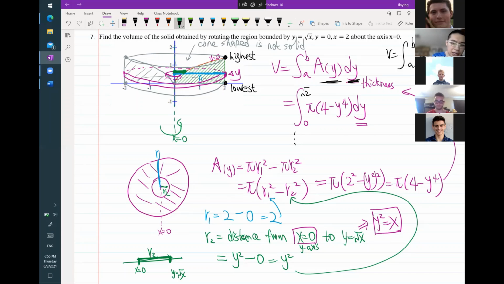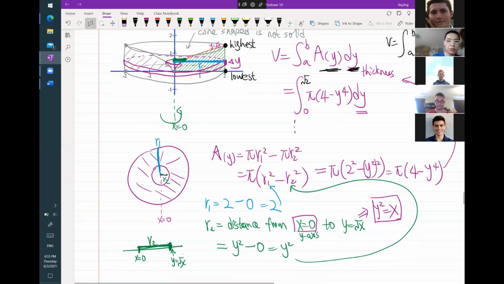And I cannot just use square root of x directly, because I need to know this second point in terms of y. So we have to have an x equals something in order to subtract 0 from it. To do that, you take y equals square root of x and square both sides.